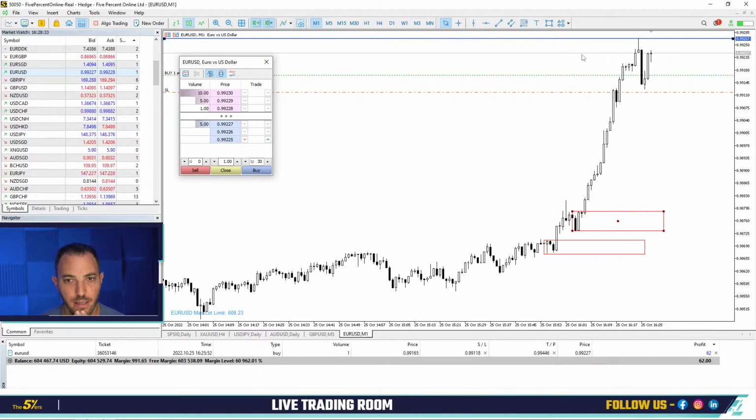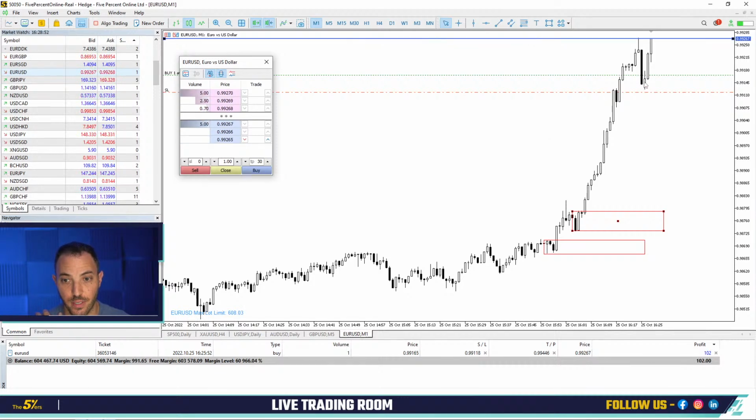Just see how price behaves here, and I'll decide if I take profits or we swing this again. Okay, retest of the line. Let's see.